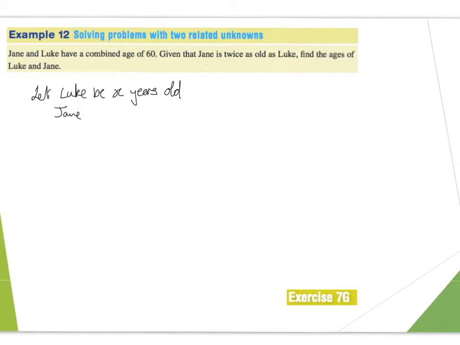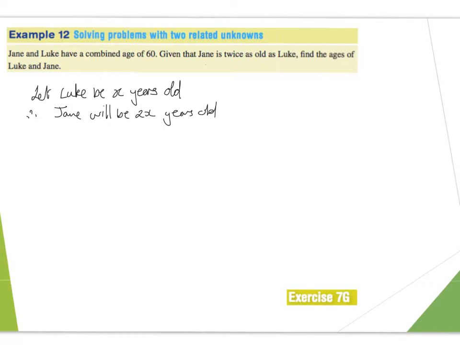So if Luke is x, Jane will be 2 times that, which means Jane will be 2x years old.